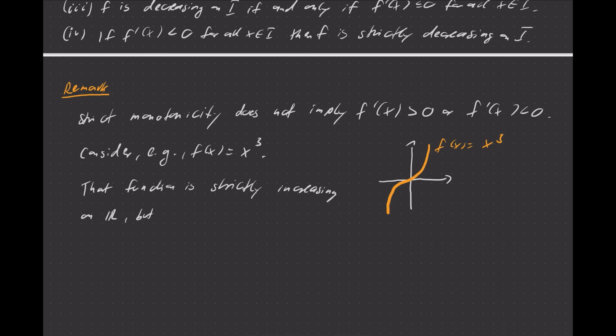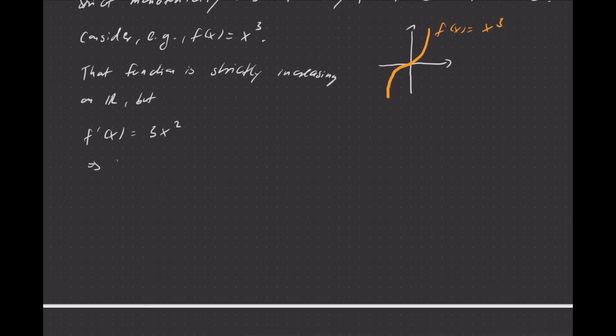But if we consider the derivative f prime of x, that is 3x squared, so f prime of 0 is 0, and that is not strictly positive. So this implication is just not true.